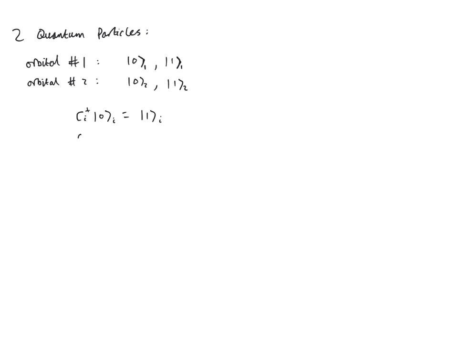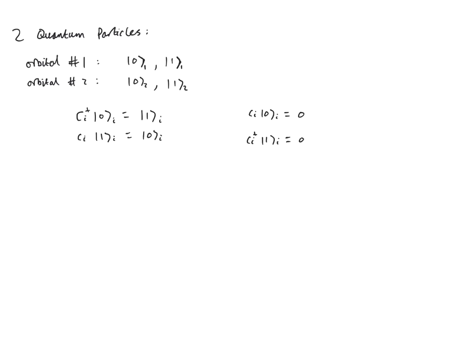Likewise, I can do Ci acting on the one state in orbital i, gives me the zero state in orbital i. Whereas, if I act with Ci on the empty state in orbital i, I get 0. And Ci dagger acting on the one state in orbital i also gives me 0 due to the Pauli principle that we just discussed.